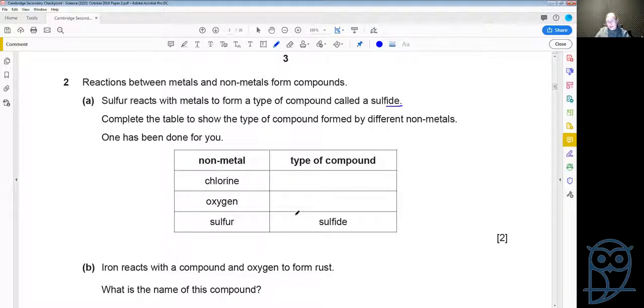So that is our hint over here. So sulfur becomes sulfide, oxygen will become oxide. Is it oxide or oxide? No, my spelling. And then chlorine will become chloride. And those will be your 2 marks.